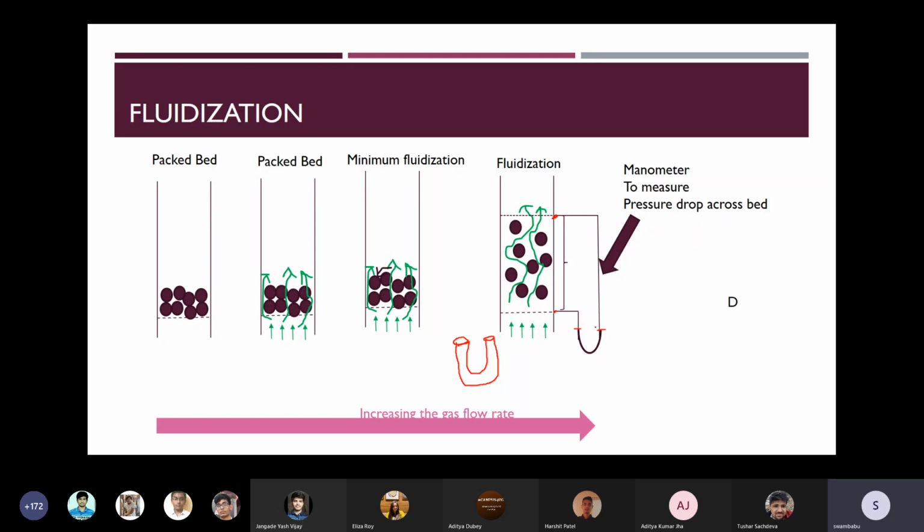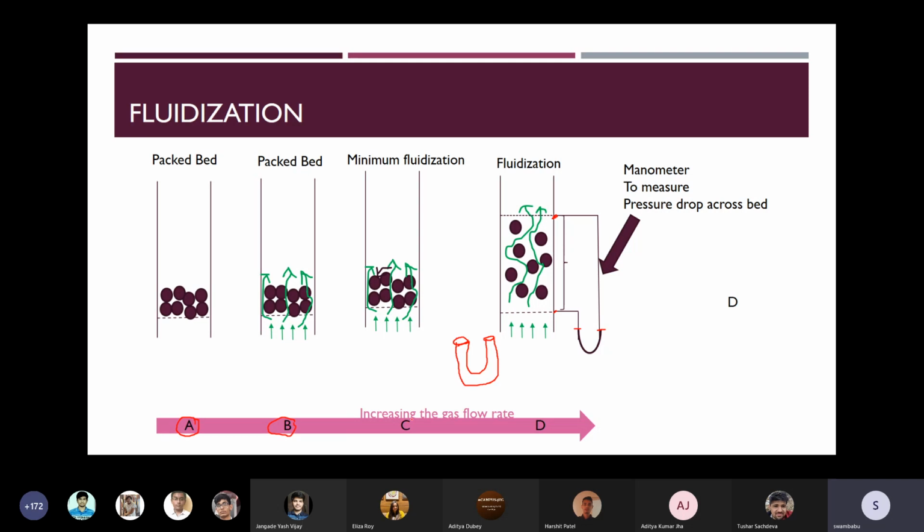If you measure the pressure drop, how does that pressure profile look? I have taken the packed bed condition here. There is no gas flow rate, which is A. And there is some gas flow rate, a fluid flow rate, that is B.